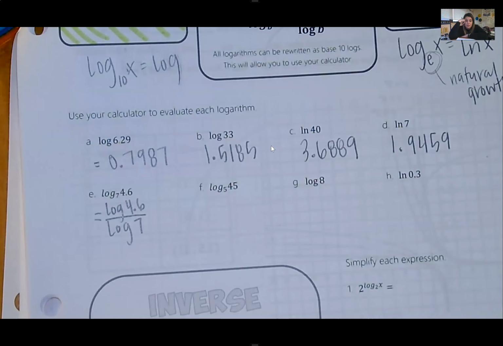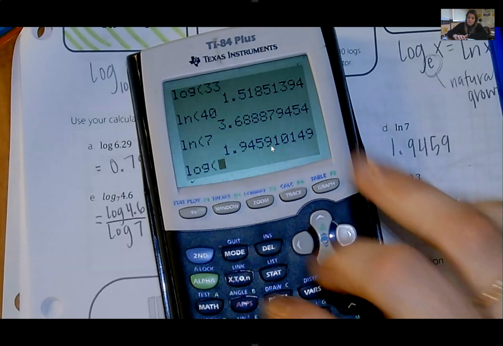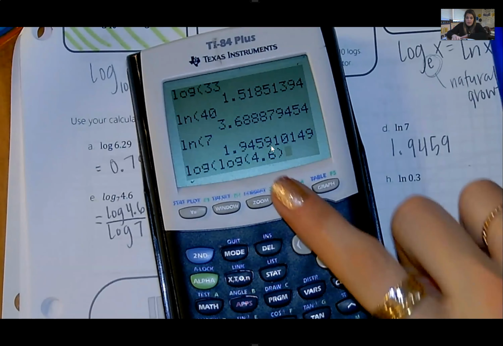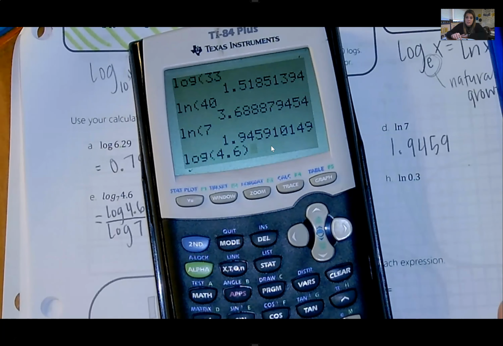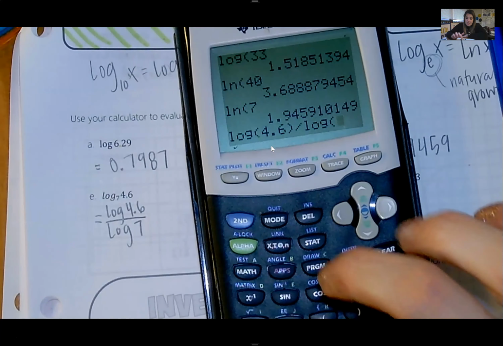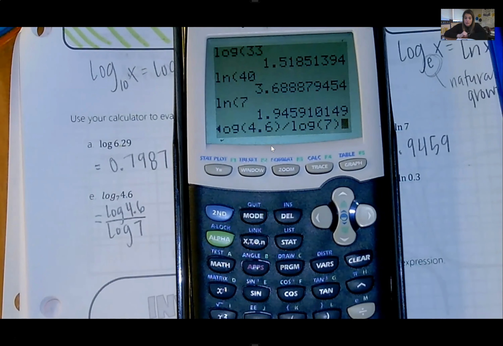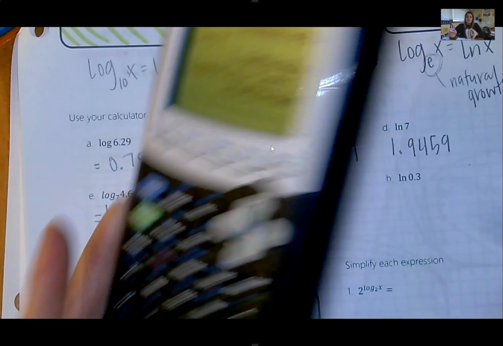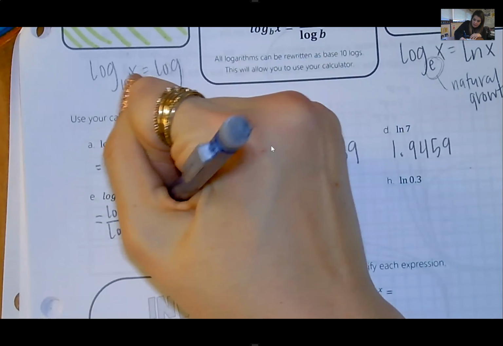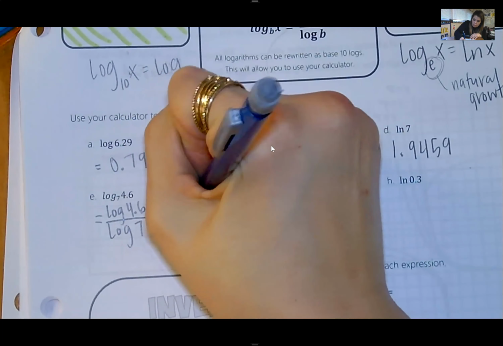So we type in log 4.6, end our parentheses, make sure you close your parenthesis, divide by log 7, end your parenthesis, enter, and we get 0.7842.